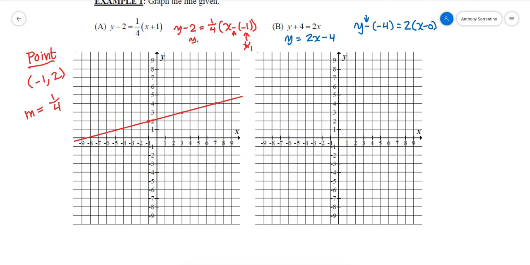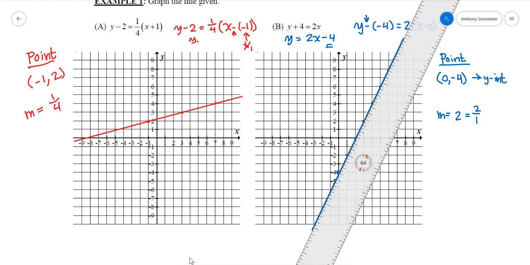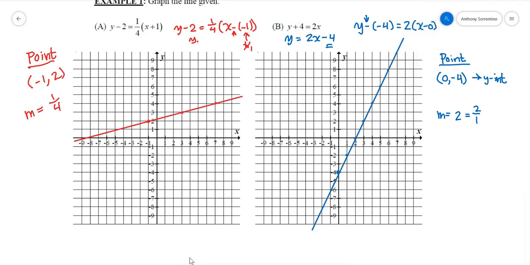Because what's going on here is the information I'm given, the point, the x-coordinate is 0, the y-coordinate is -4, which happens to be a y-intercept, which is the same thing that the slope-intercept form tells us right here. And that the m is 2, which is the same thing as 2 over 1. So I could plot the point 0, -4, go up 2, right 1, plot a number of points using that. So there are the lines that these produce.